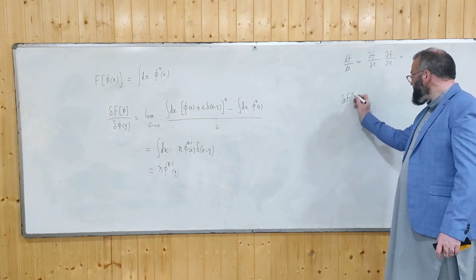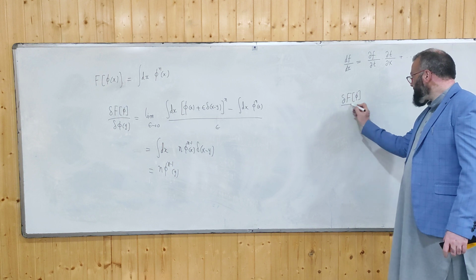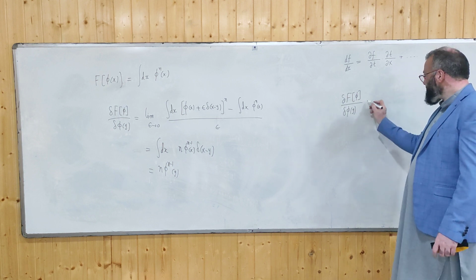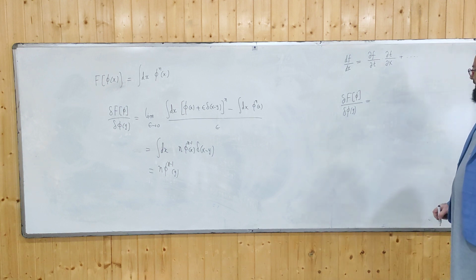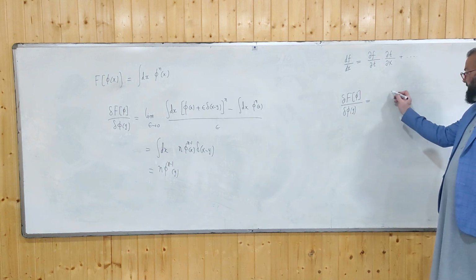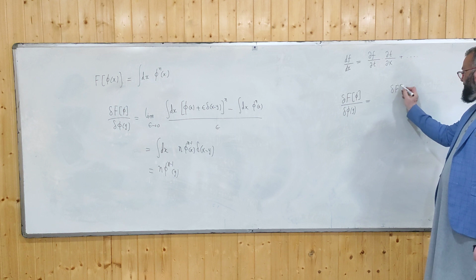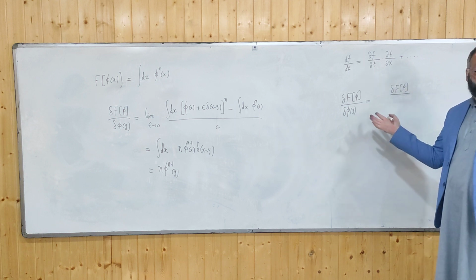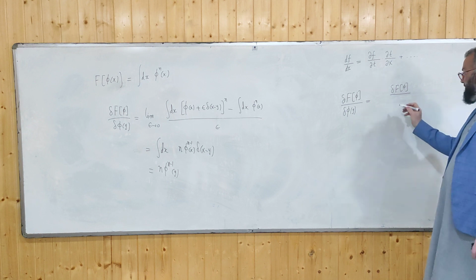So you have delta f by delta phi of y. Let's say I will be using y, because I will reserve x for something else. So it will be the variation in f. Let's say you are making a chain rule with another function there, g.